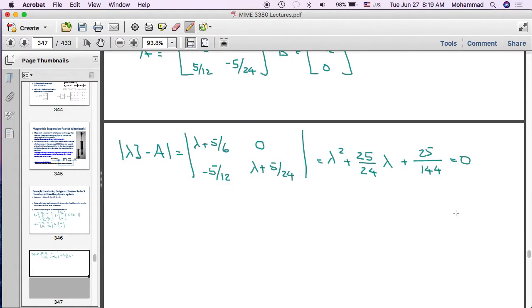Could you please double check that? Is this correct? I get the same thing. Okay. So we need to find the two roots of this. So what are lambda 1 and 2? We need to find lambda 1 and 2. Could someone please calculate this and give us the numbers?